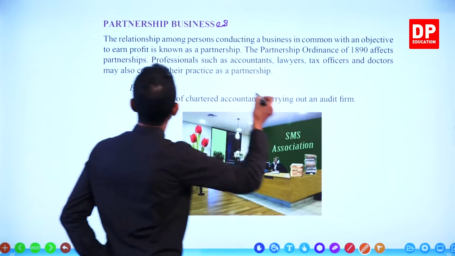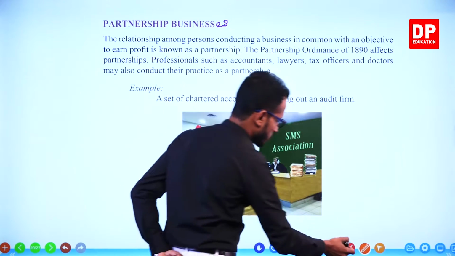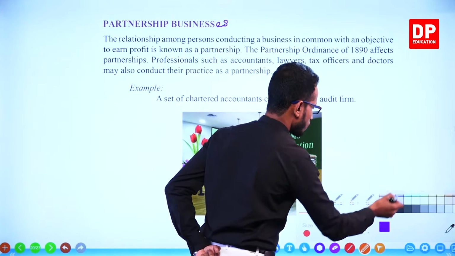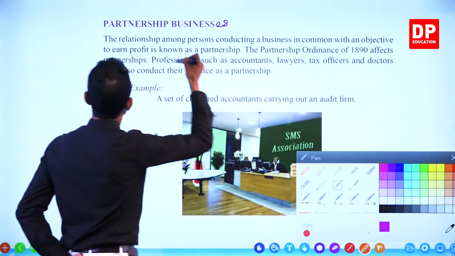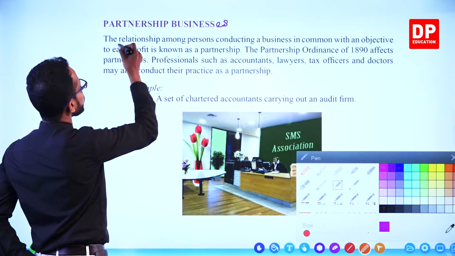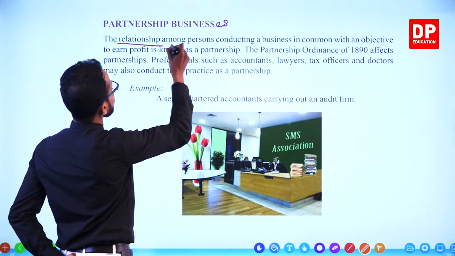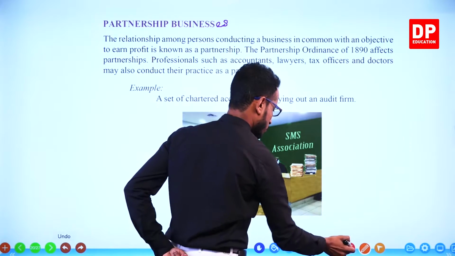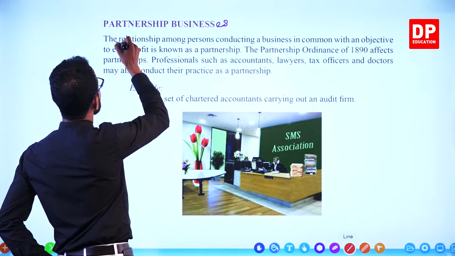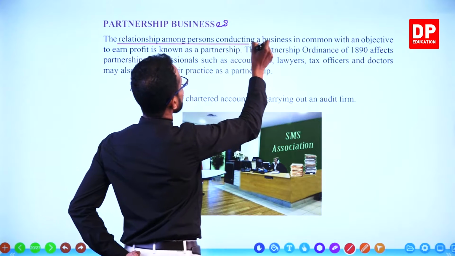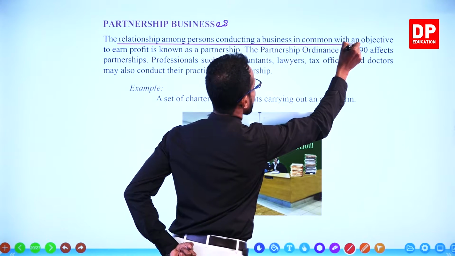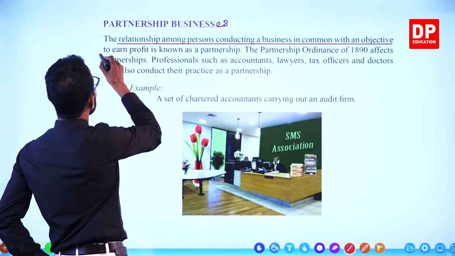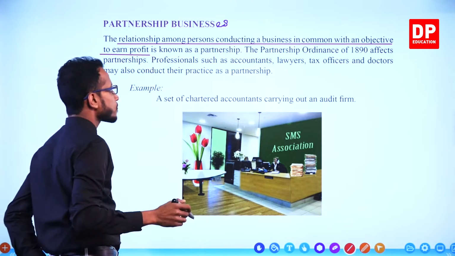So you have a kind of a definition here, right? Definition. And the definition is this: relationship among persons conducting a business in common with an objective of earning profits.